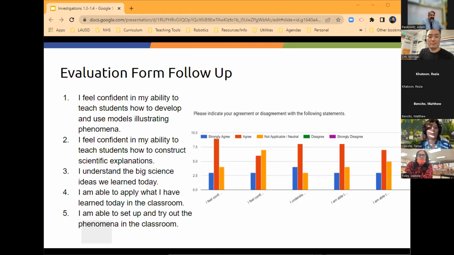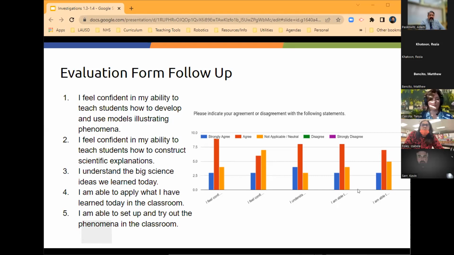So what we see is a lot of people feel confident on how to teach scientific explanations. A lot of people felt confident on how to try out the phenomenon in their classroom. And if there's one thing that, I'm sorry, I had that backwards. A lot of people understood the big science ideas.